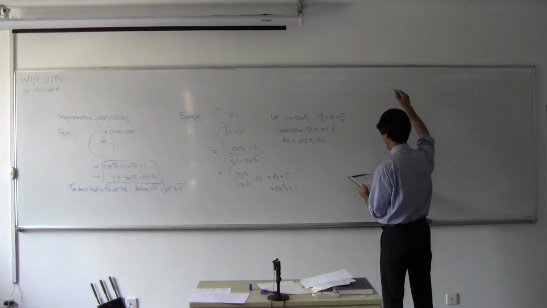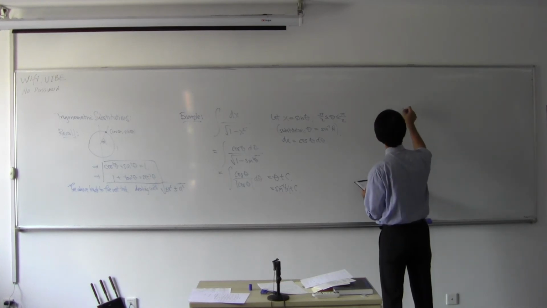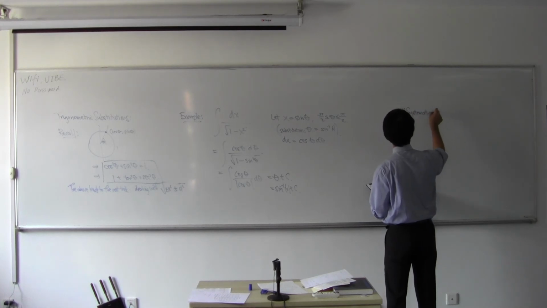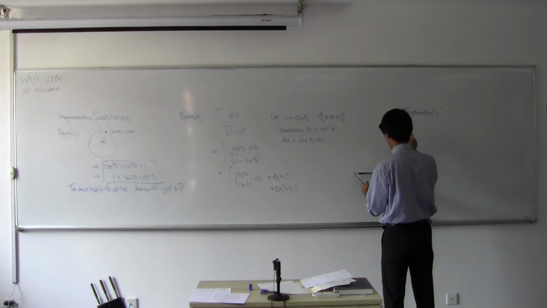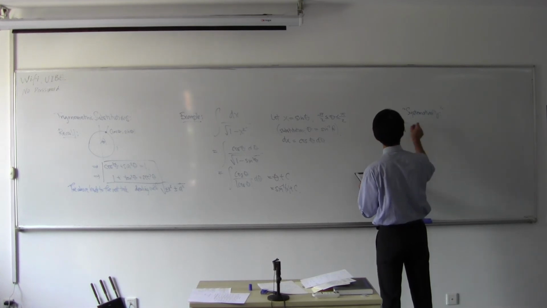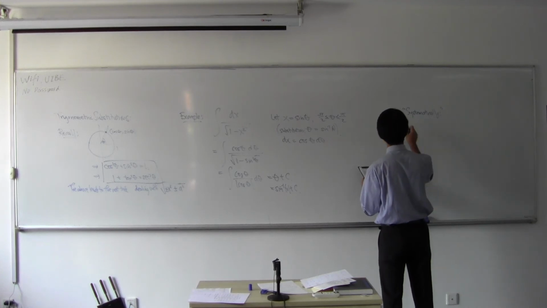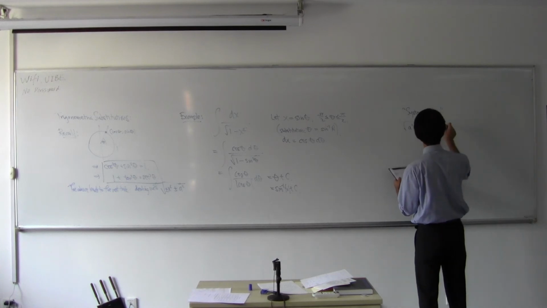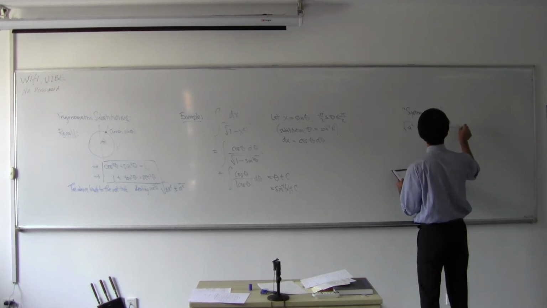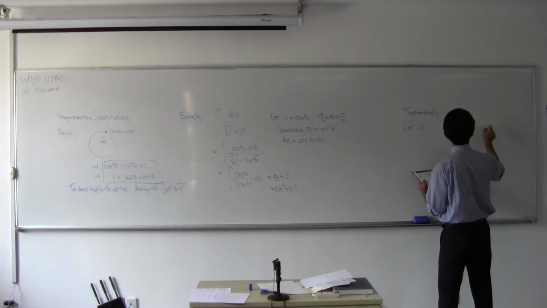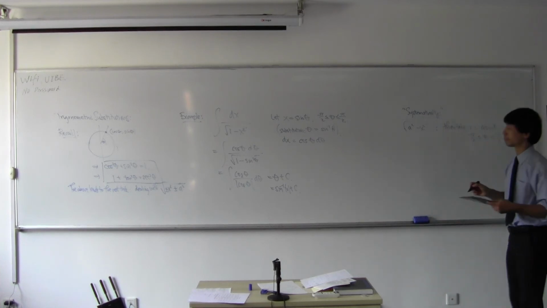Okay, so this is the system, I guess. If you see a squared minus x squared, then take x as a sine theta, where again theta ranges between negative pi over 2 and pi over 2.